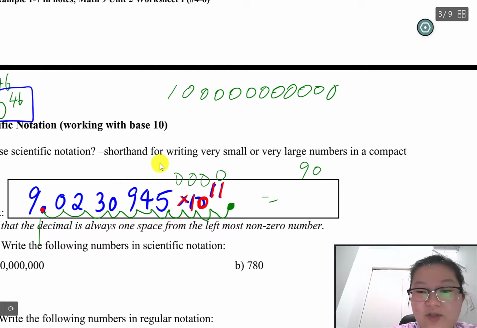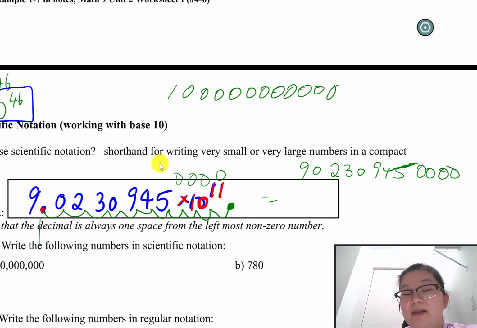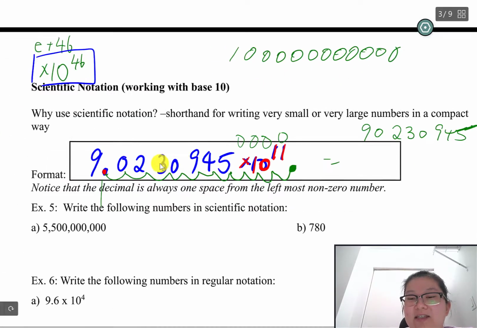Don't forget the zeros that are in between. 2, 3, 0, 9, 4, 5, and 4 zeros: 1, 2, 3, 4. So that's my fully expanded out number after I multiply it with my power. Okay, so that is scientific notation.